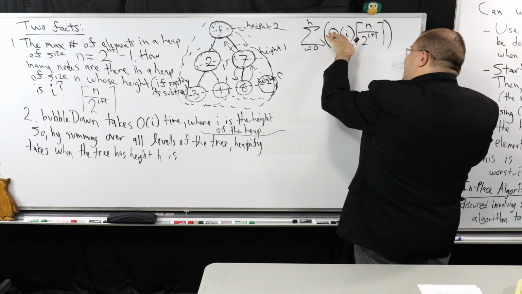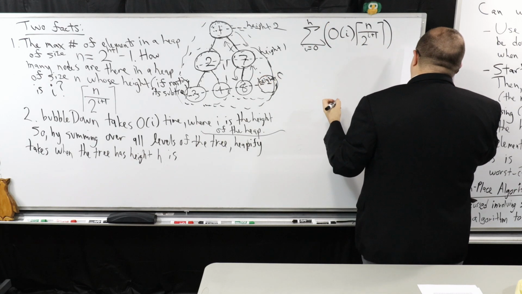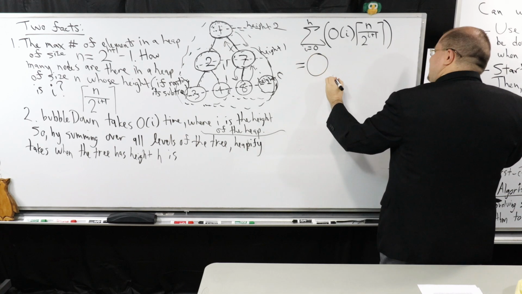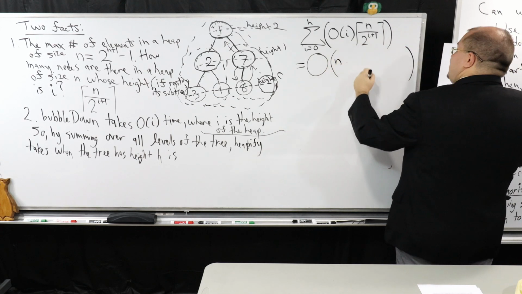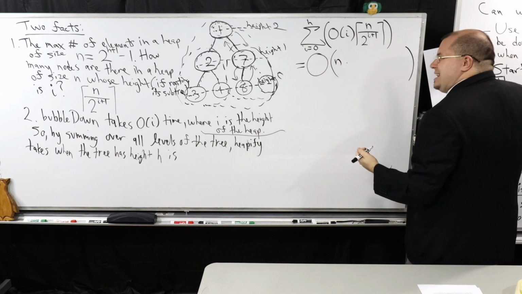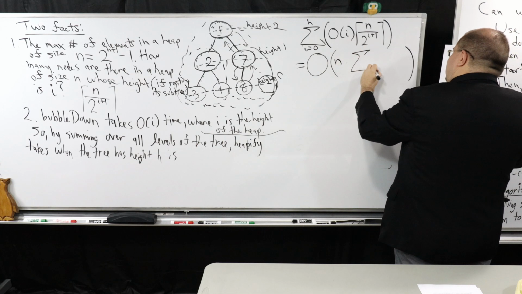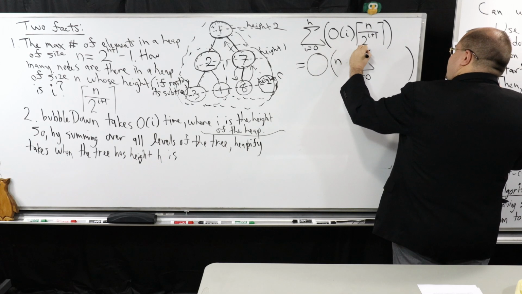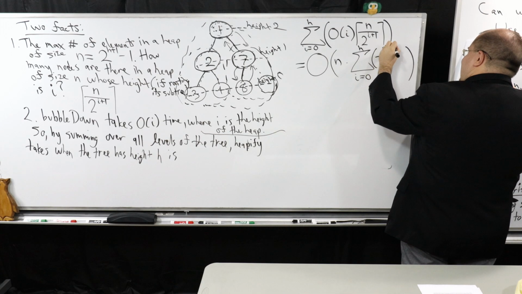Because I said it's just some constant times i, right? That's with some n0 that's kicking around. Well, I can capture all of this by just taking big O of everything. So I'm going to take n times, and I'm just going to pull this n out because when the ceiling is there, it doesn't really add anything with respect to big O. So I pull that n out, sum from i equals 0 to h, and I'm going to have i over 2 to the power of i.